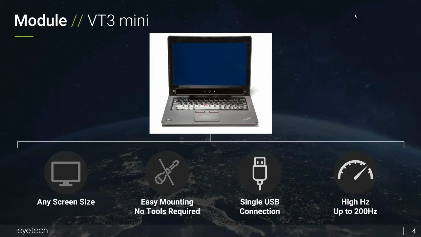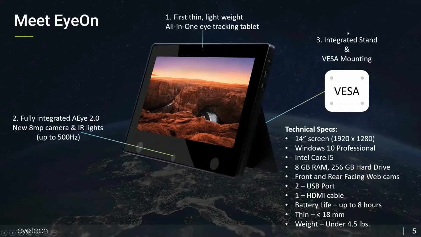And we're pleased to have announced earlier this year at the Consumer Electronics Show the launch of our new Ion device, which is the first thin, lightweight, all-in-one eye tracking tablet on the market.